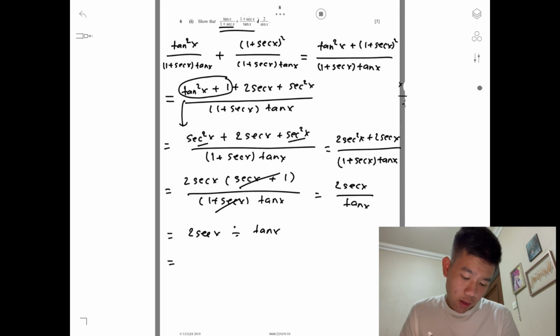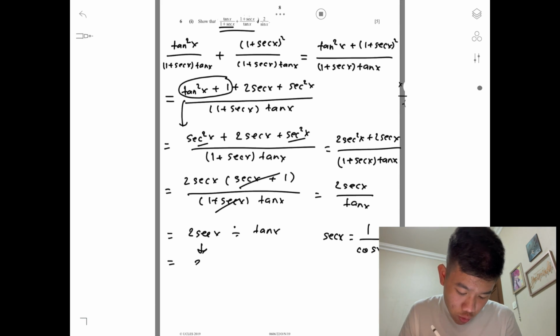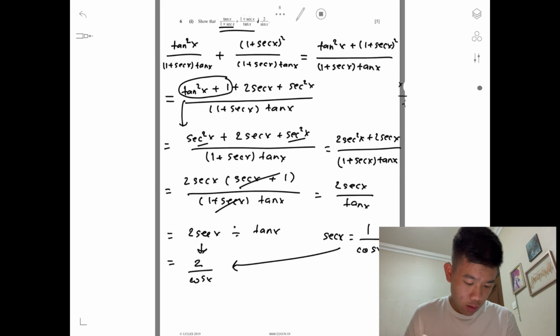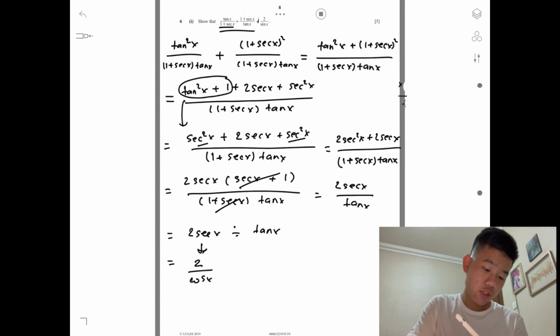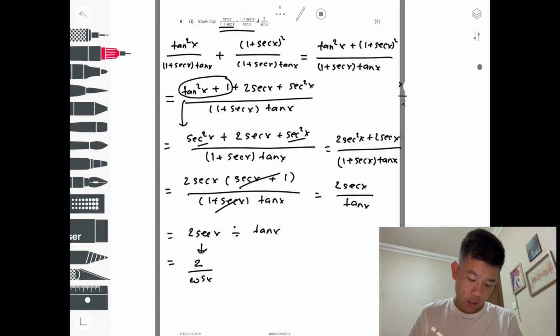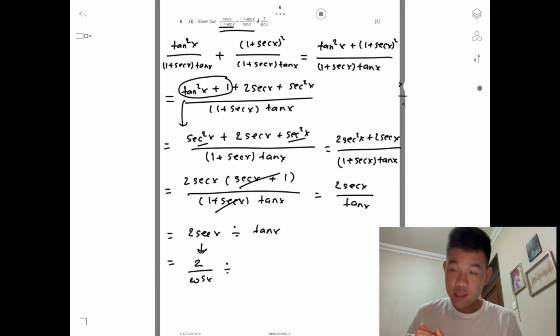Now here, we know that sec x is equal to 1 over cos x according to the trigonometric identities. So I'll just change it to 2 over cos x, divided by tan x.